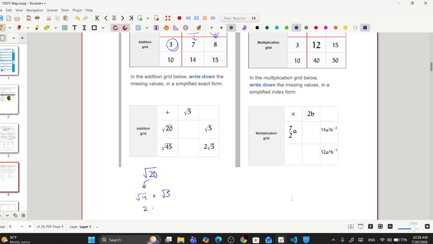Root 4 can be written as 2, and root 5 remains as it is. So 2 root 5 plus 1 root 5, and we get a total answer of 3 root 5.